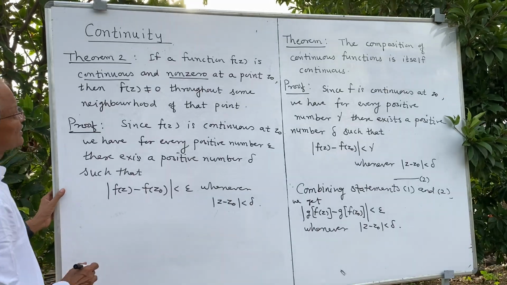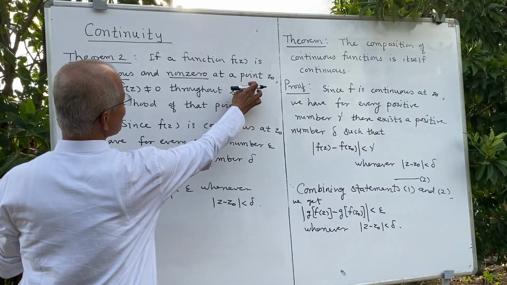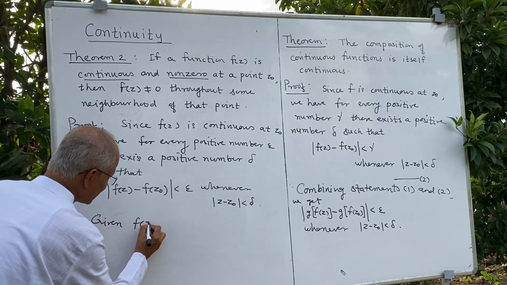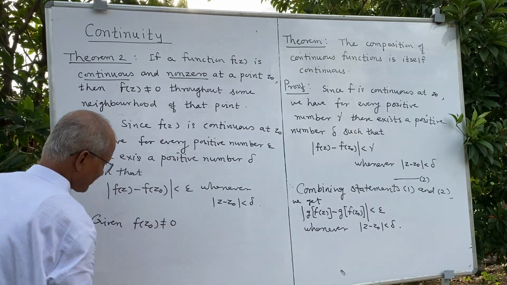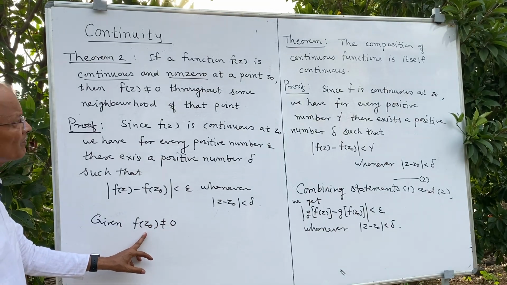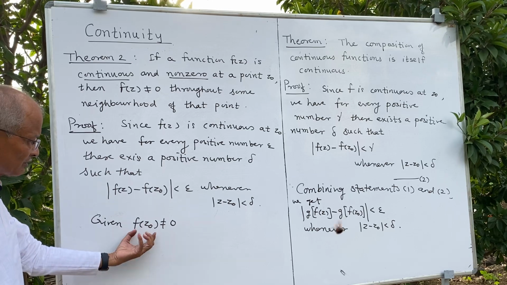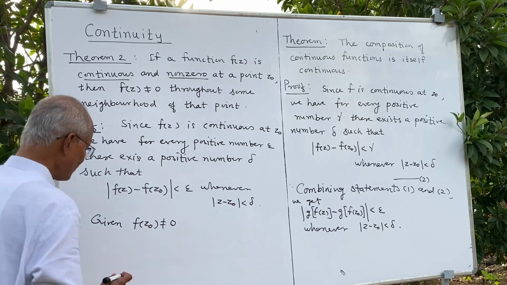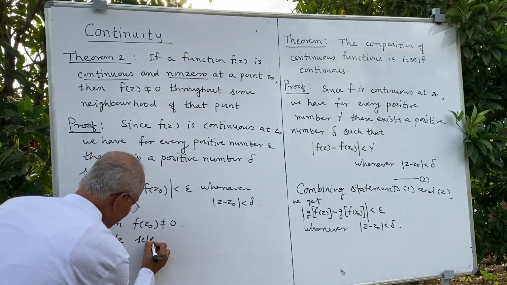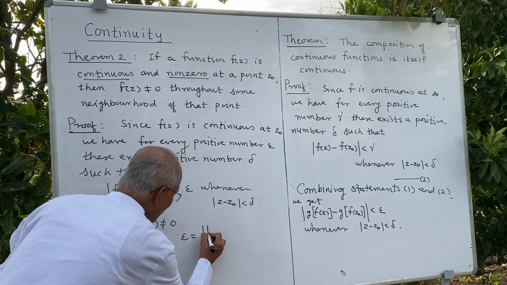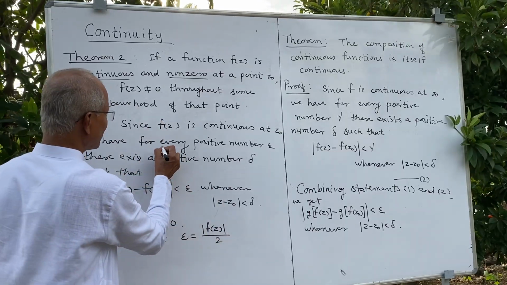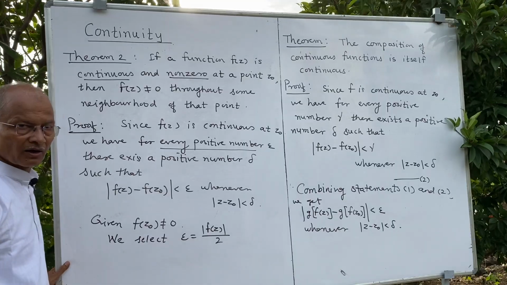And now, what is given is that this function is non-zero at z naught, f of z naught is not equal to 0. So, therefore, we select epsilon as the absolute value of f of z naught divided by 2, because epsilon is every positive number at our choice.